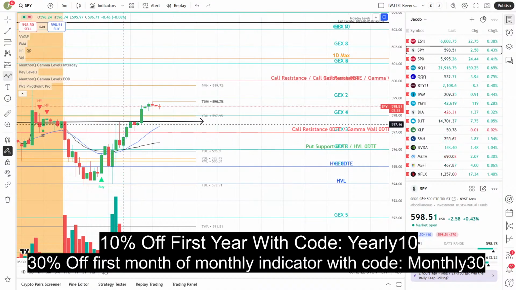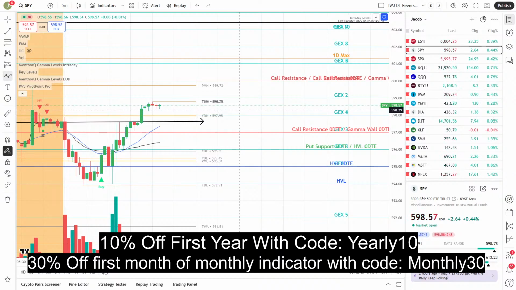The flickering here is about the NASDAQ. The NASDAQ isn't playing ball. So we'll see. We're going to need it to go ahead and reject.